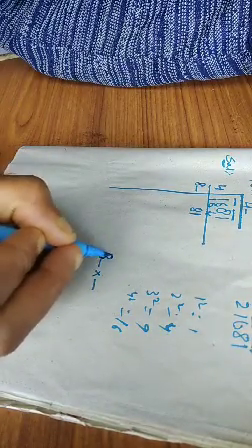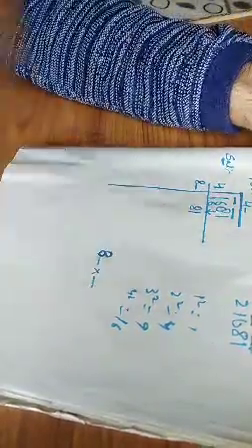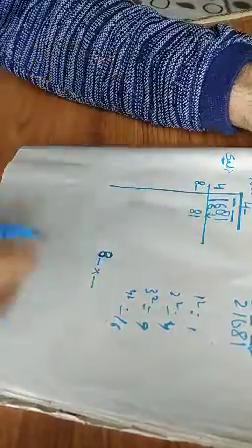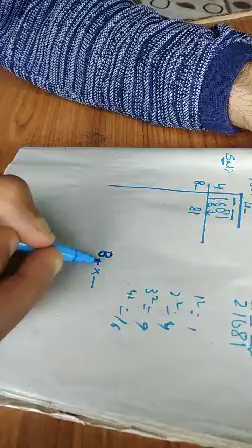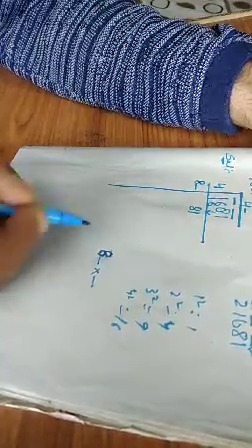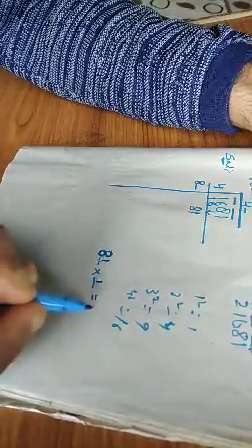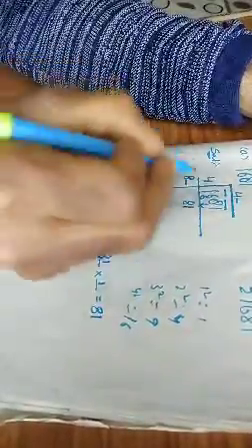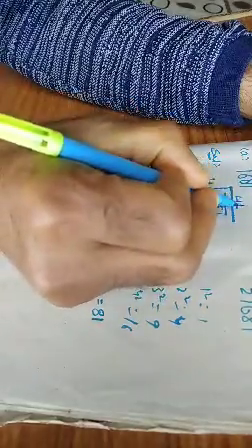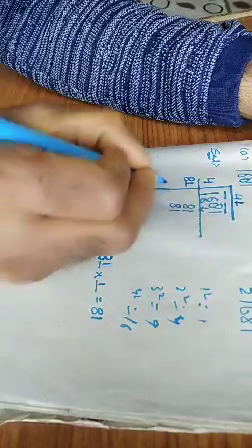I have to multiply this number by a number which will equal 81, but the condition is that the number which I write here will also be the same here. For example, 81 into 1 is 81. So there will be 1 here, 1 here. It will be 81 into 1 equals 81.